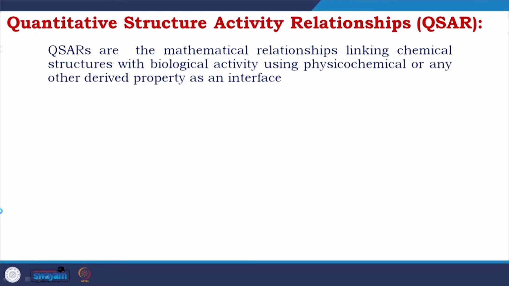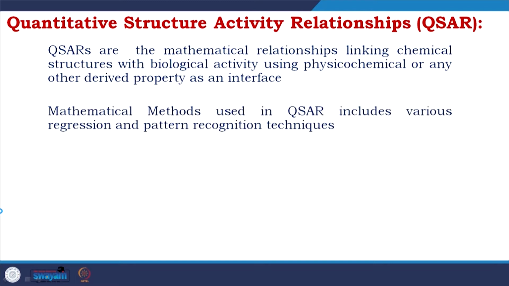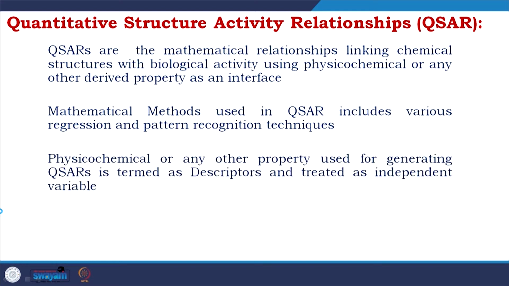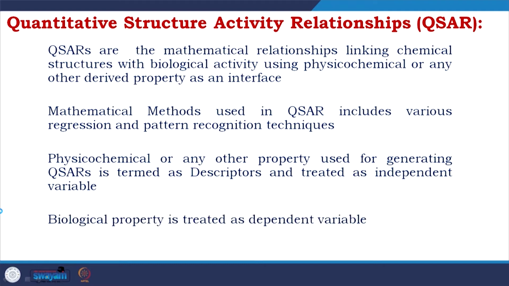So, QSARs are mathematical relationships linking chemical structure with biological activity using physico-chemical or any other derived property as an interface. Mathematical methods used in QSAR include various regression and pattern recognition techniques. The physico-chemical or any other property used for generating QSARs is termed as descriptors and treated as independent variables.